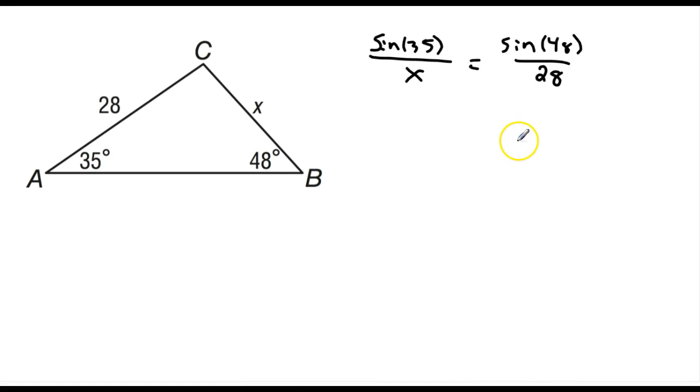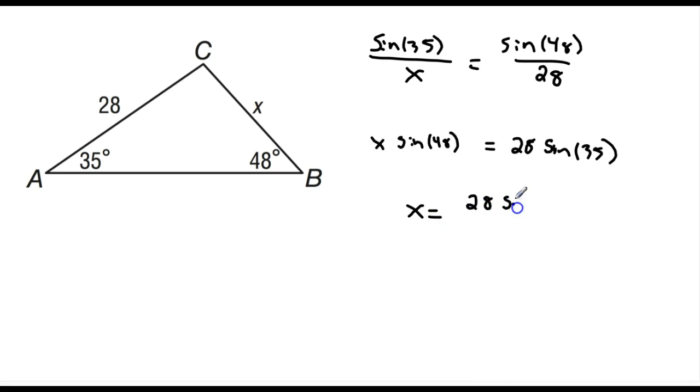So 28 times the sine of 35 is equal to x times the sine of 48. And from here I can divide both sides by the sine of 48, and you get x is equal to 28 times the sine of 35 divided by the sine of 48.